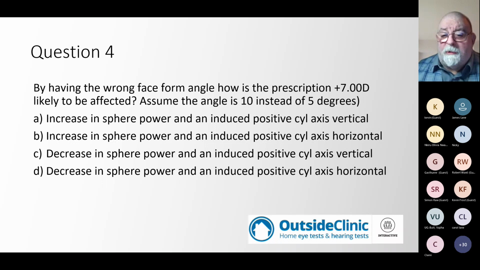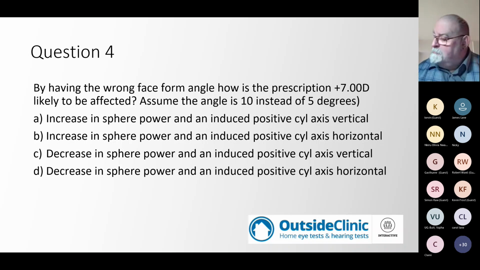It's a positive prescription, so it's going to be a positive SIL. And in twisting the lens, we make the ray of light go through the lens obliquely instead of perpendicularly. And that will increase the sphere power. So if we've got a +7 and we have it angled too much, then that is going to increase the prescription.